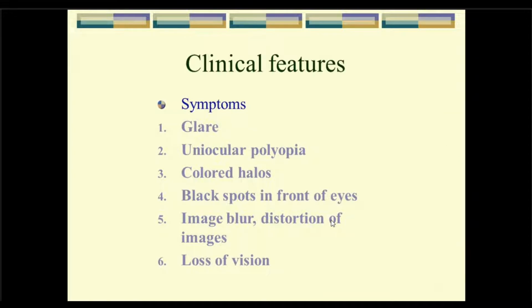Clinical features of the cataract are rather simple. The patient can usually complain of bad vision. In some cases, he can complain of glare, colored halos, a black spot in front of the eye.